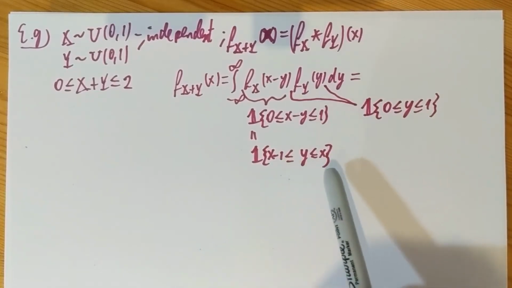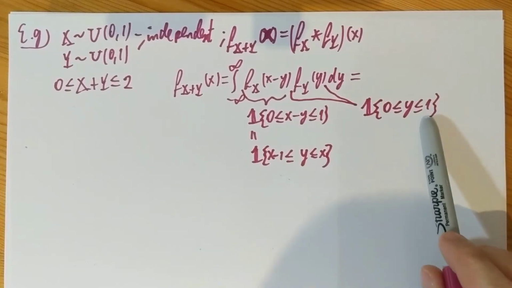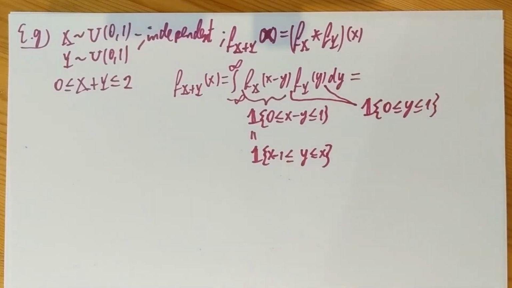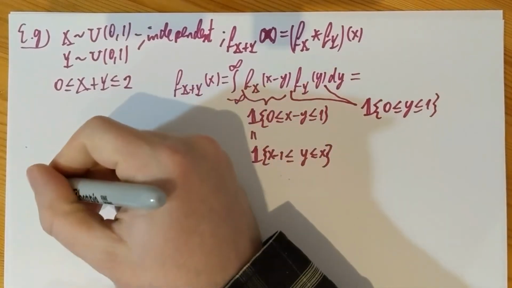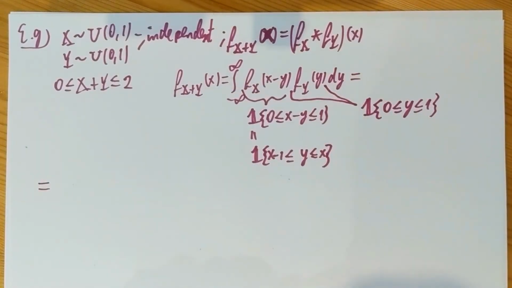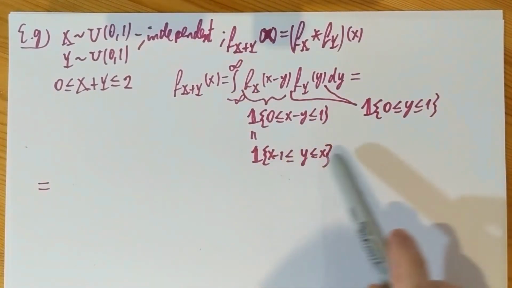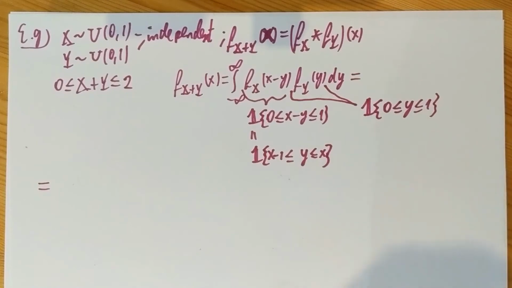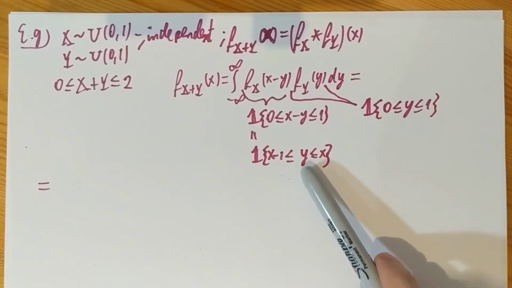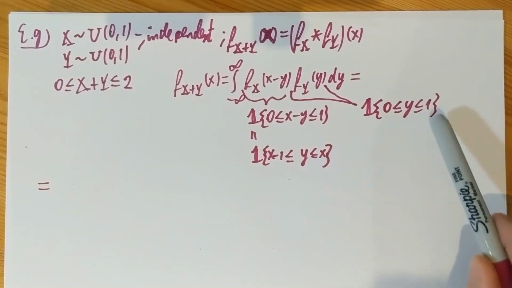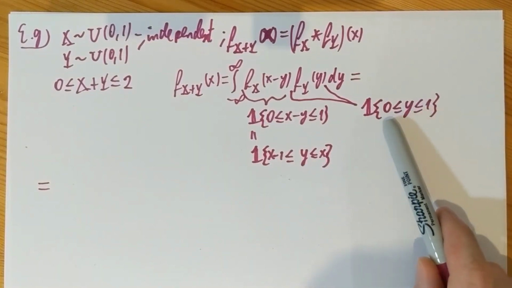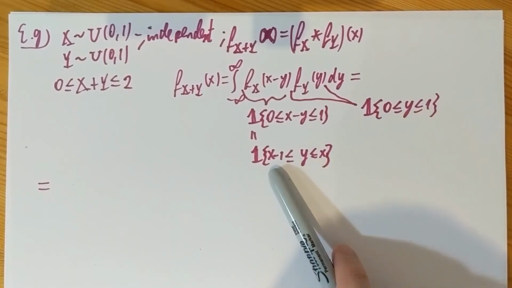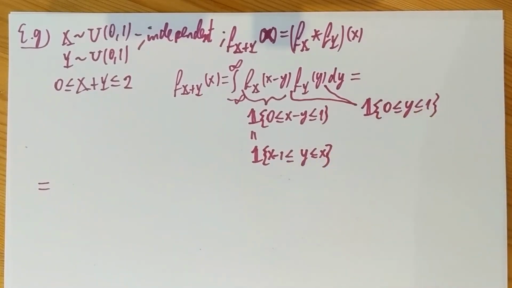And I have a boundary of x and the boundary of 1 on the right hand side. So if any of these boundaries is violated, if any of these indicators are 0, then of course the whole integral will be 0. So y is not allowed to go above x, it's not allowed to go above 1, it's not allowed to go below 0, it's not allowed to go below x minus 1, because then the integral is 0.